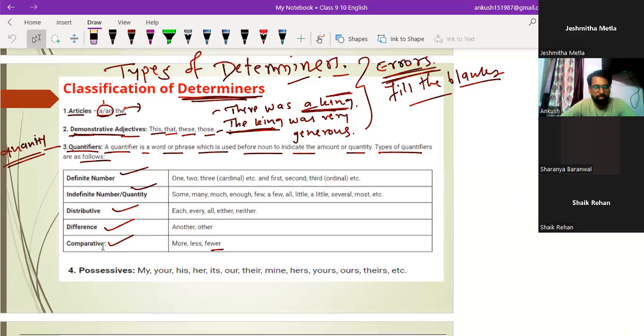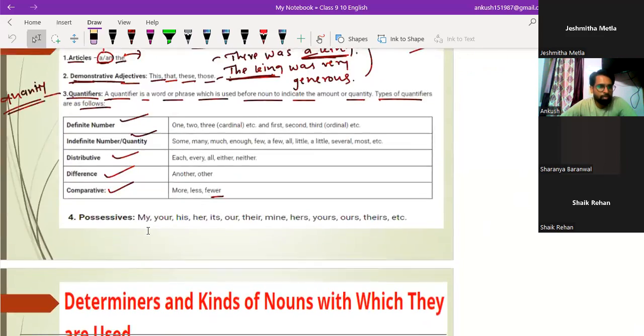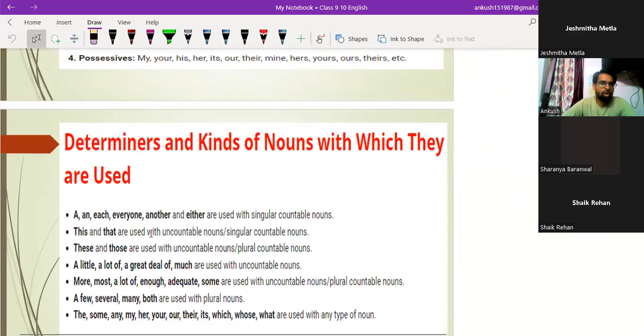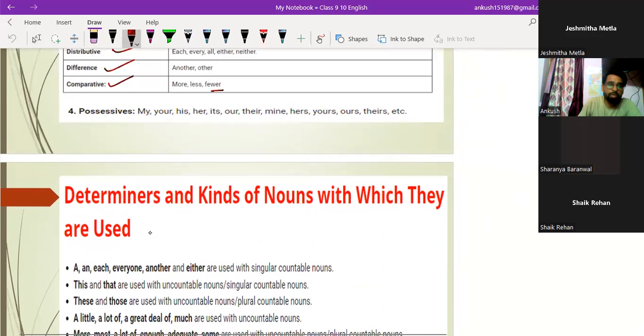Fourth classification, or type of determiner, is possessive. As we all know, these possessive pronouns or adjectives are learned while learning personal pronouns, like first person, second person, third person.